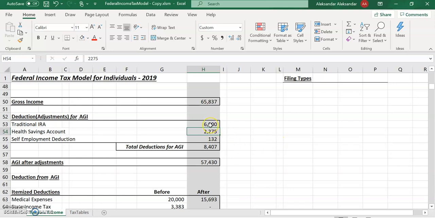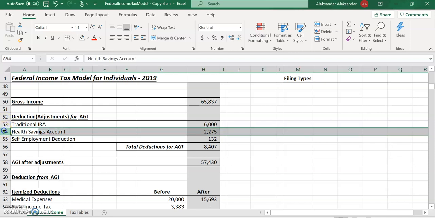This is basically an amount that gets deducted from your income, and you are not being taxed on it. Plus, it gets invested in the market, and the earnings are also tax-free. So it's very advisable for all of us to have IRA accounts, Roth IRA or traditional IRA accounts, as early as we can.